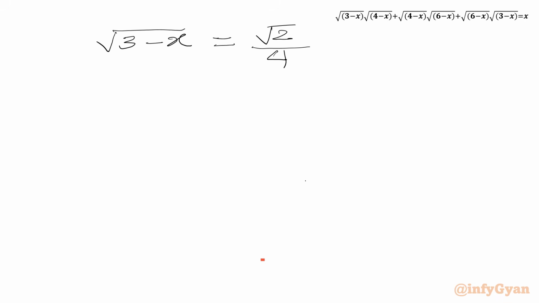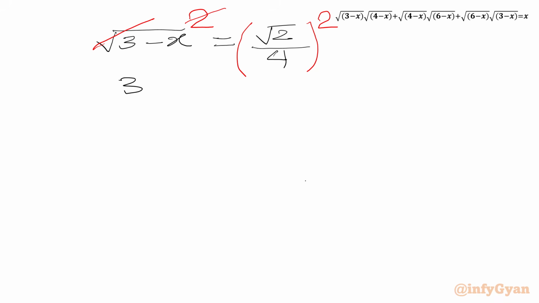Let us square both sides. We will write square root of 3 minus x equal to square root 2 over 4. Now we will be squaring both sides. So let us put power 2 in LHS, power 2 in RHS. We will cancel square root with the square in left hand side.